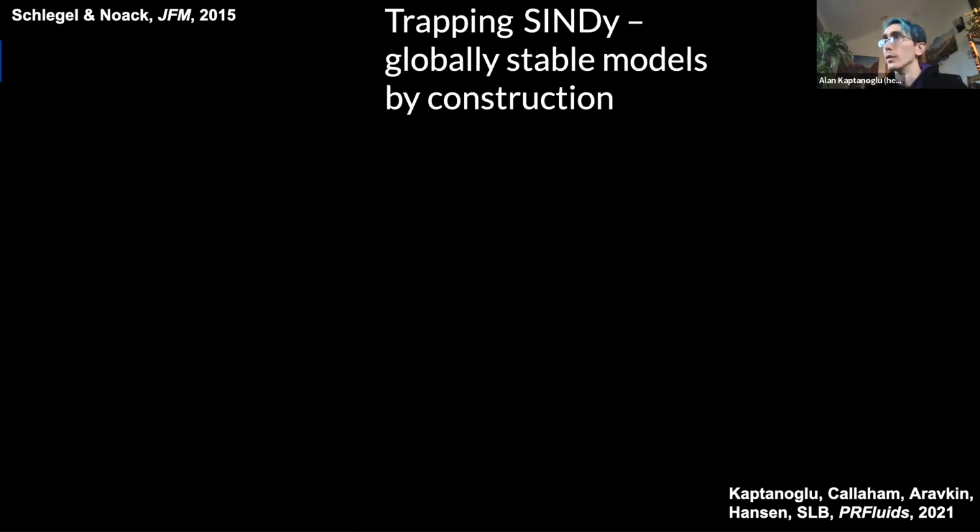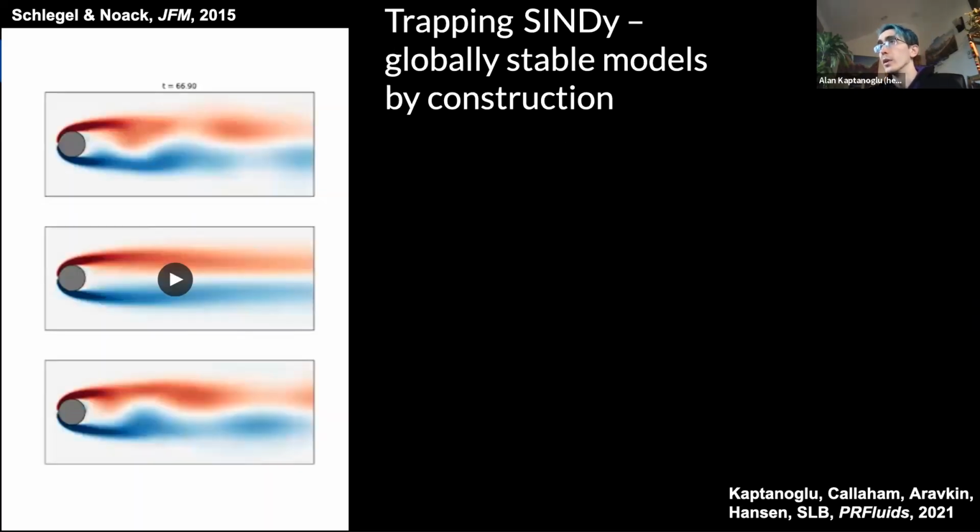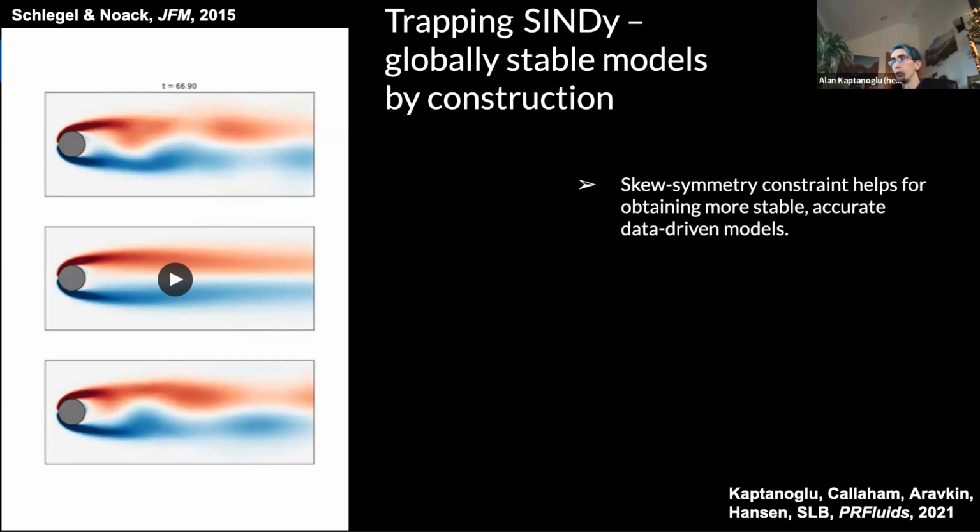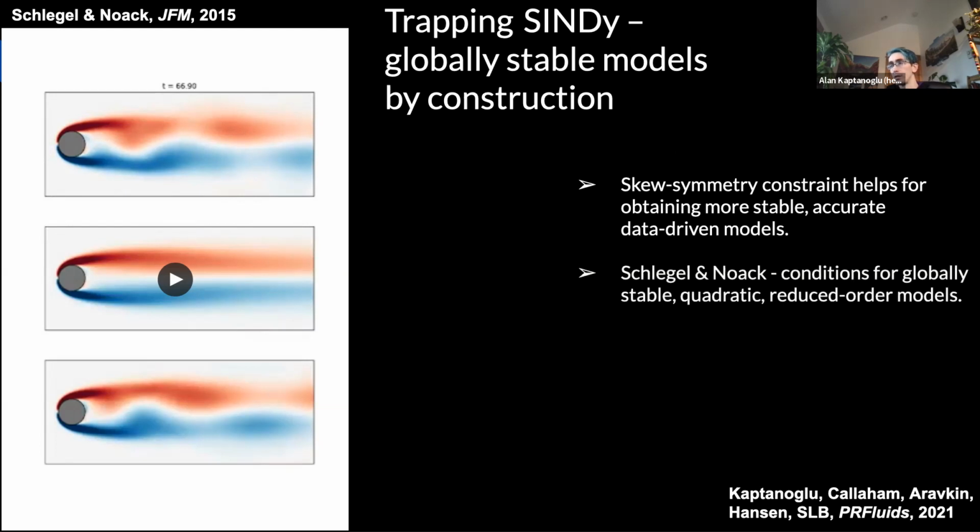We took this and ran with it and built what's called trapping SINDy. And this gives you globally stable data-driven models by construction. So we noticed that the skew symmetry constraint gives you more stable, accurate data-driven models, but it doesn't guarantee you have globally stable models. But we found this paper by Schlegel and Noack that gives conditions for global stability for these quadratic data-driven models you can get from the data.